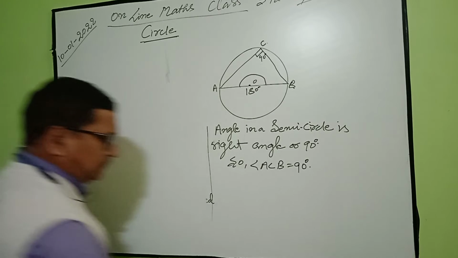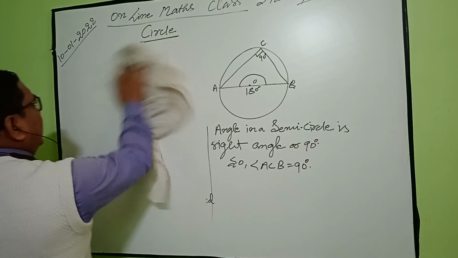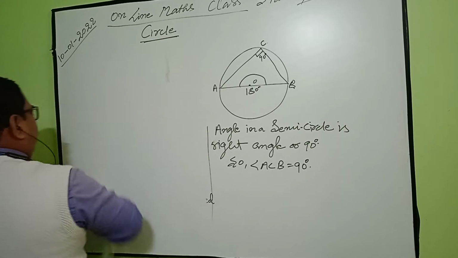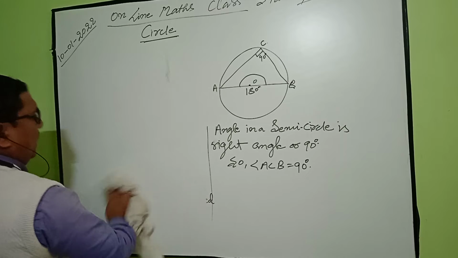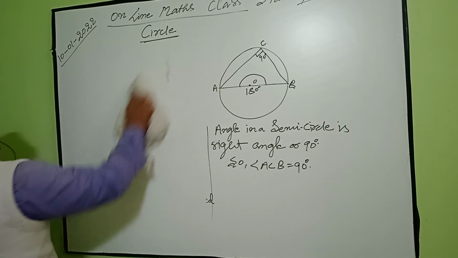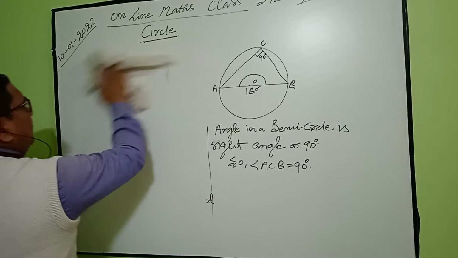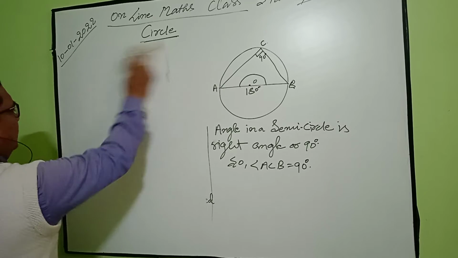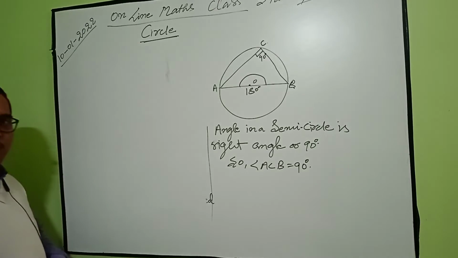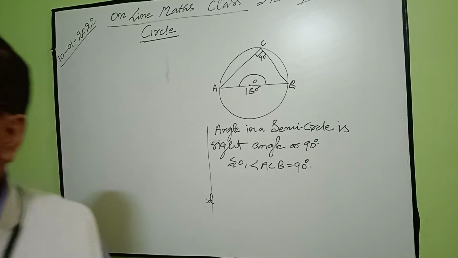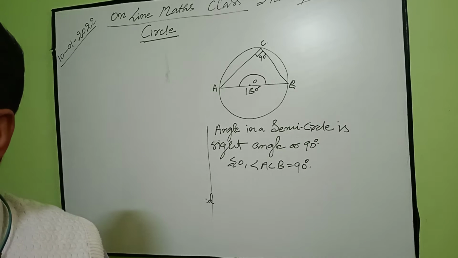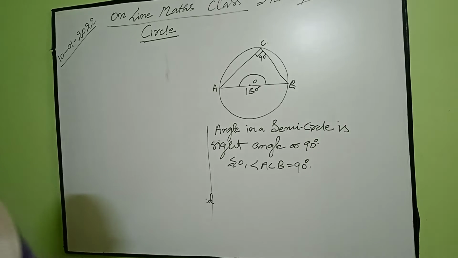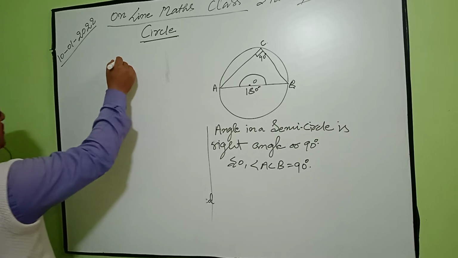Now, angles on the same base between the same parallels are same. It means same base between the same parallels, which I am going to draw. I am going to draw a circle.